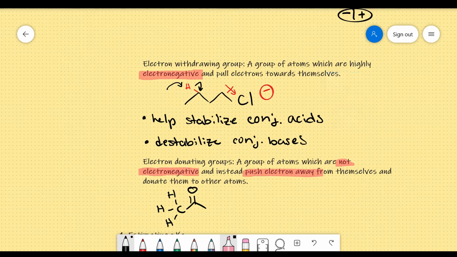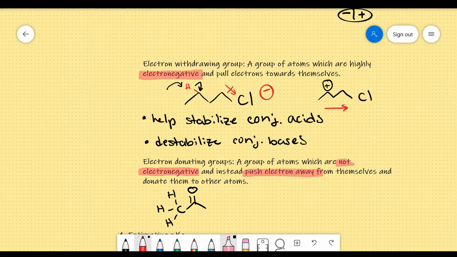Let's remember that with the conjugate acid, a hydrogen would be added, and so we would have a loss of electrons. We'd be electron deficient, so overall the charge is positive. This chlorine is still going to be pulling these electrons no matter what, but we're already deficient in electrons. So this chlorine is pulling from an area that already has very little to begin with.